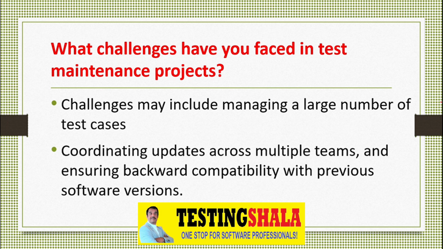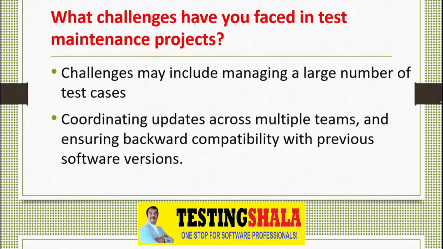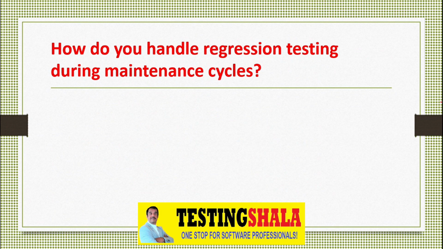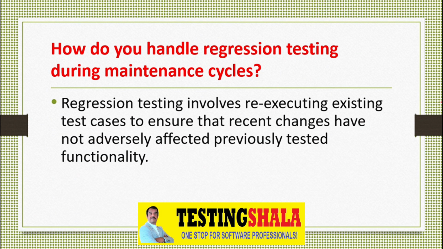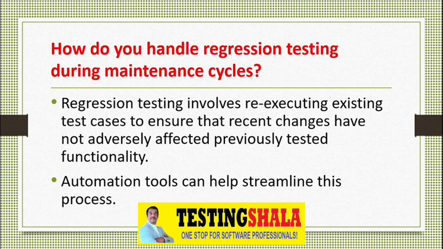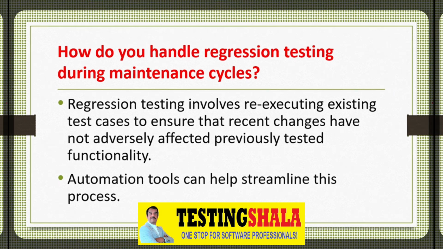How do you handle regression testing during maintenance cycles? We have to keep re-executing our existing test cases to ensure recent changes have not adversely affected previously tested functionality. That is the beauty of regression testing. If something is really breaking, then regression testing requires huge maintenance as well, and we have to adopt automation tools to streamline the overall regression process, make it more effective, and give the results in a quicker manner.